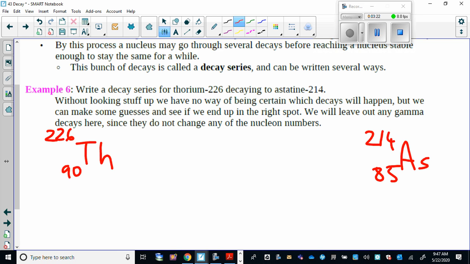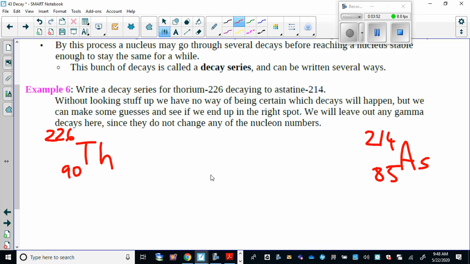Unless there's some indication in the question which way to go, you could just do it any way. We got a 90 and we need to get to an 85. Let's actually go through the alphas first, just because those are the ones I have written out here.